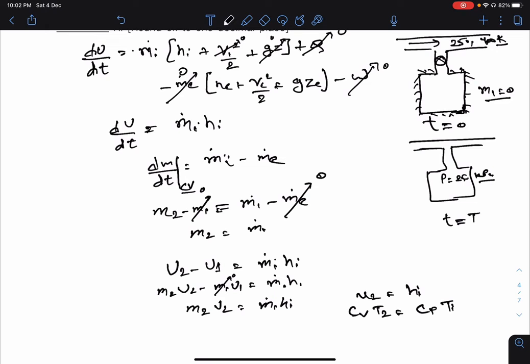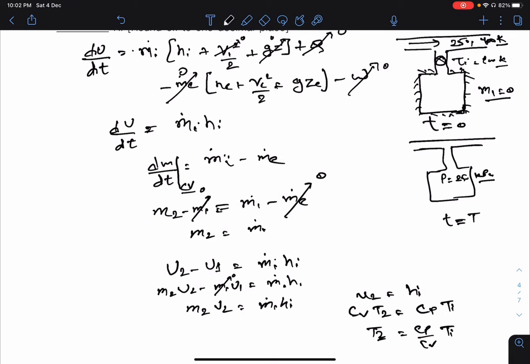So the gas flowing at the inlet has temperature of 400 Kelvin. So T2 is equal to Cp upon Cv into Ti. So I will put this value and the final temperature will be T2 is equal to gamma Ti.